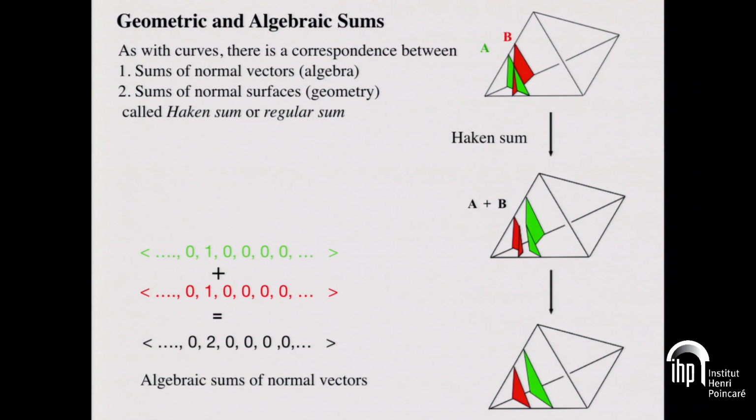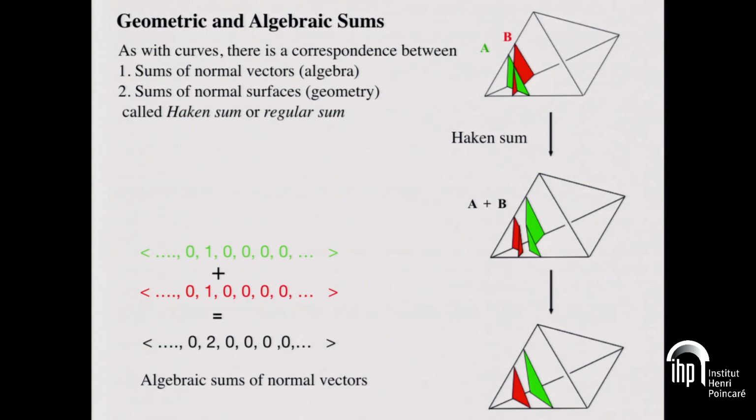So we can add vectors, and we can again look at what the geometric property is that corresponds to adding vectors. Here's a simple example. This is called the Haken sum operation. If we have 2 normal surfaces, one intersects in a green triangle and one in a red triangle, so adding the vectors is pretty easy.